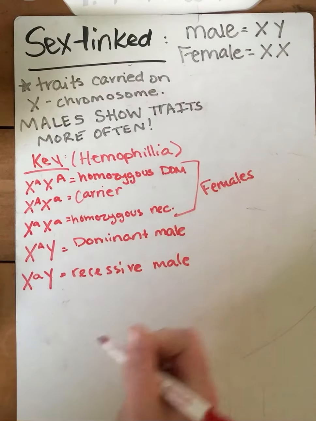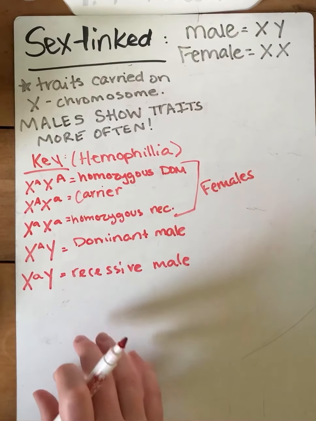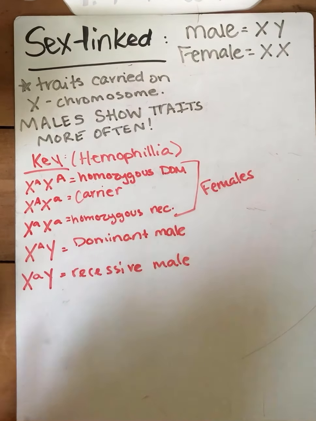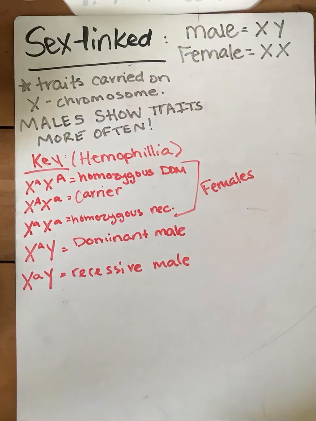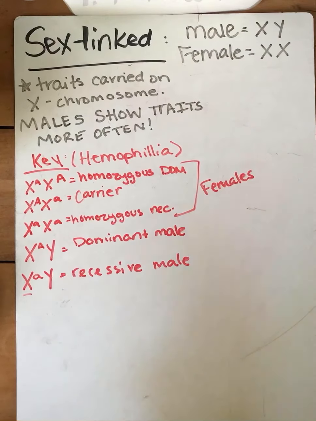Okay? So if you are a male, you cannot be a carrier. That is a key thing. A lot of times they like to try to trick you with a question that says, can a male be a carrier, true or false? No, you cannot, because you only have one X allele. You can only give one X allele, so you cannot be a carrier.